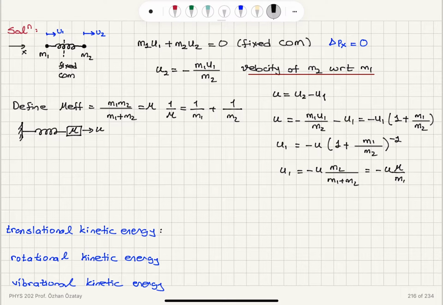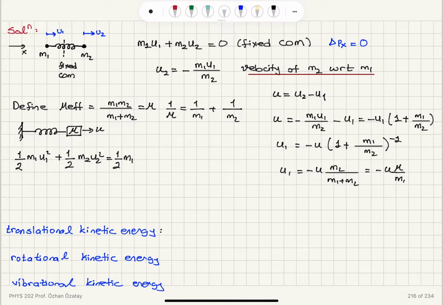Okay, so now I'm going to write the total kinetic energy of the system. If I write the total kinetic energy, 1/2 m1 u1 squared plus 1/2 m2 u2 squared, I see that this is 1/2 m1.